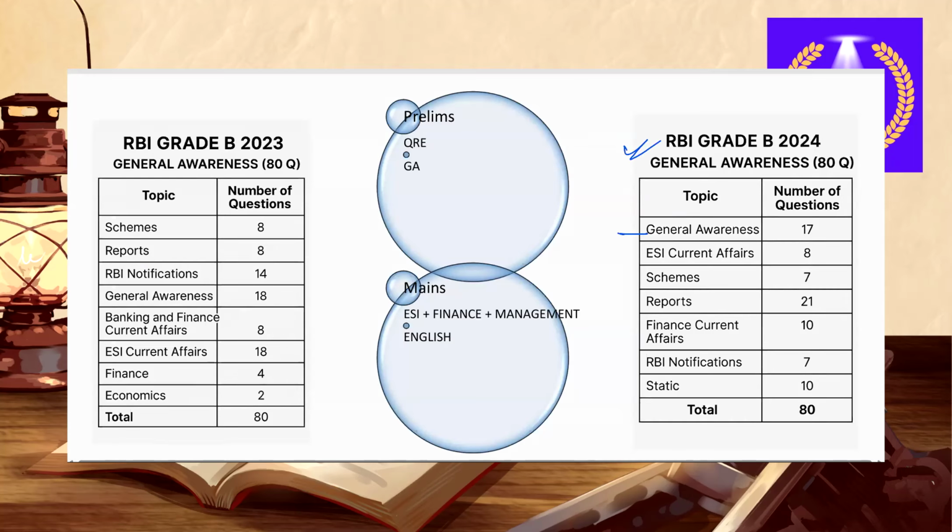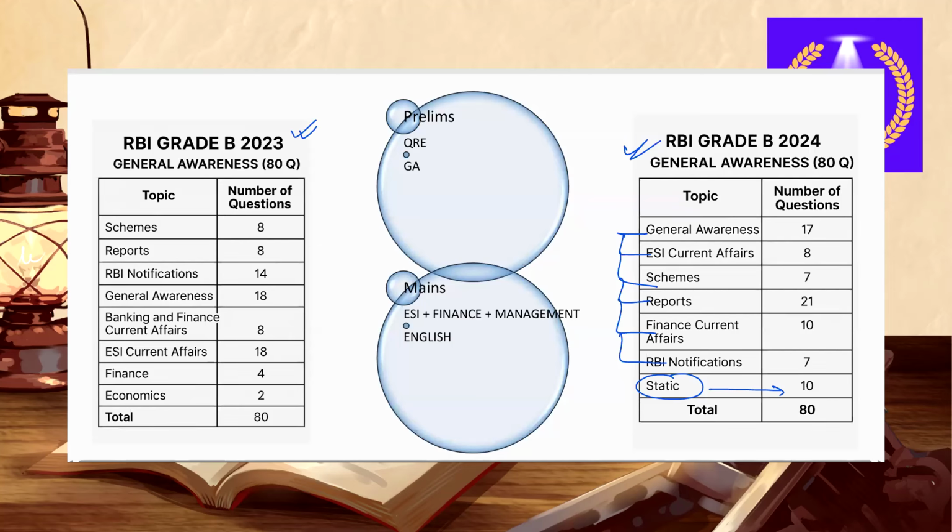So if you are looking at General Awareness, ESI, current affairs, schemes, then reports, then financial current affairs, RBI notifications, and at the last you are finding static, some 8 to 10 questions were there from static, and that was completely missing in 2023.